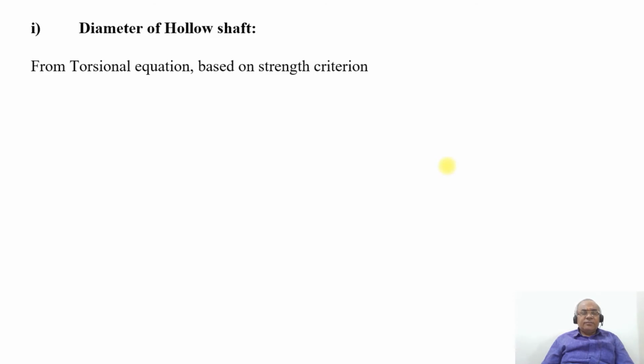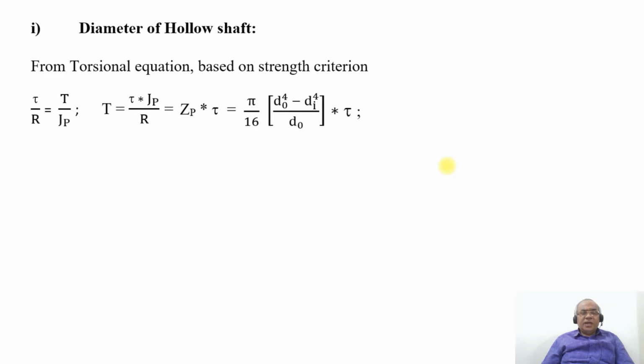For that, from the torsional equation based on the strength criterion, T by tau will be equal to Jp by R. Therefore, T will be equal to Jp by R into tau, which is Zp into tau. Since it is a hollow shaft, this will be equal to pi by 16 into d naught to the power of 4 minus di to the power of 4 divided by d naught, close the bracket, into tau.